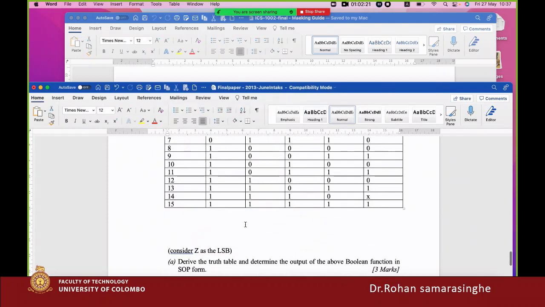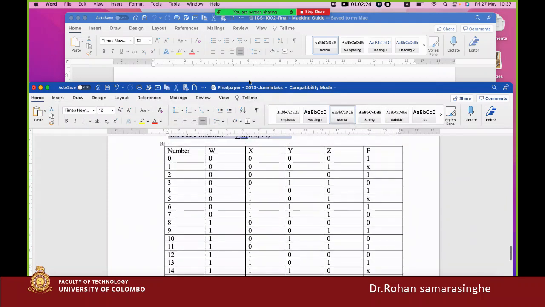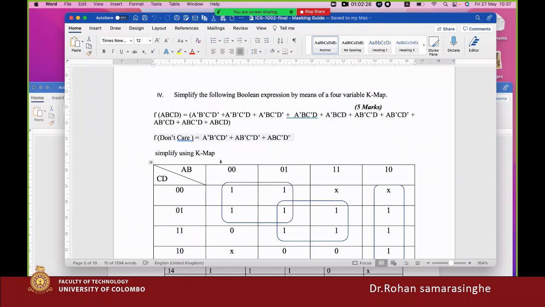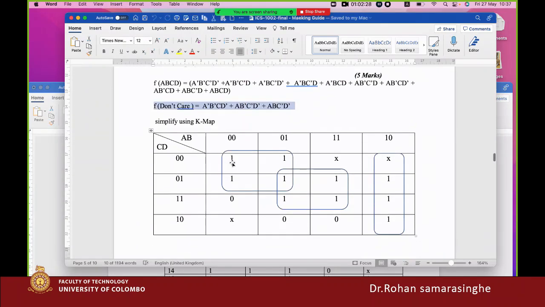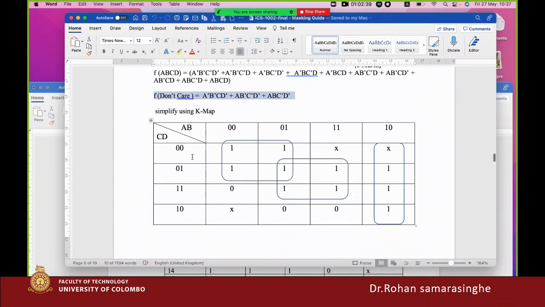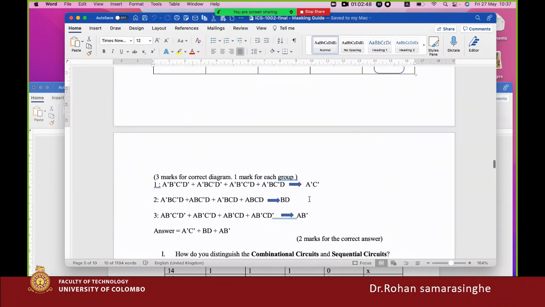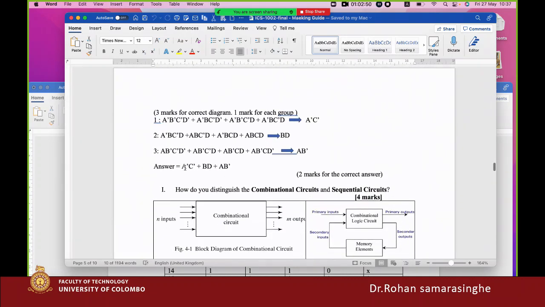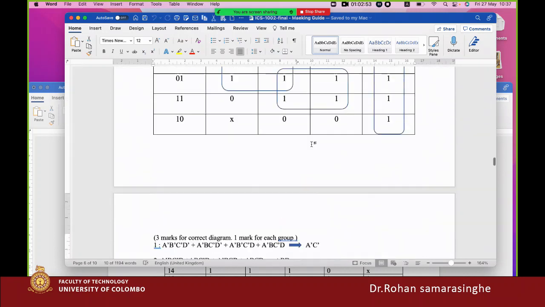The question starts from the Boolean expression, and you can plot the minterms in the function, and the don't care conditions also you can put, and then you can create the groups following these rules and minimize. So you can minimize, and the answer is this one for this question.